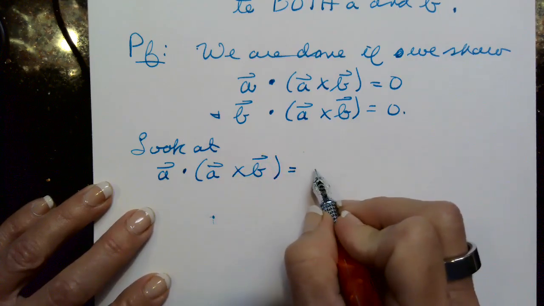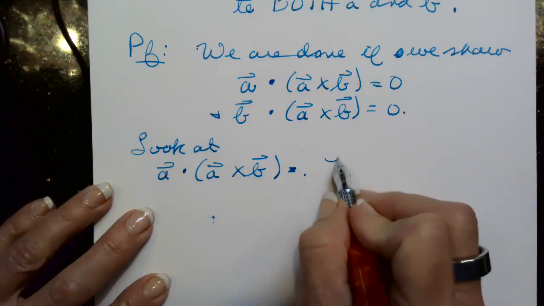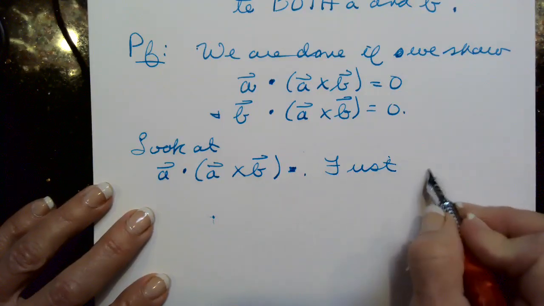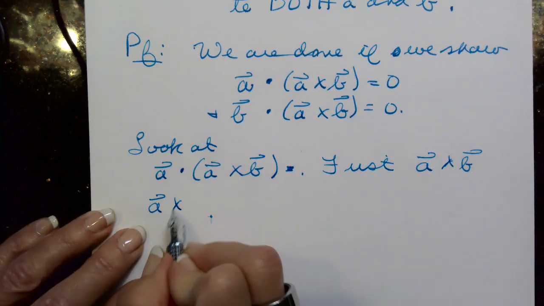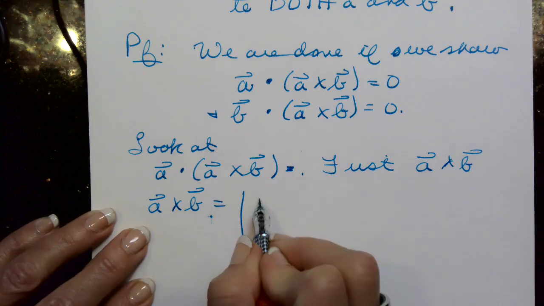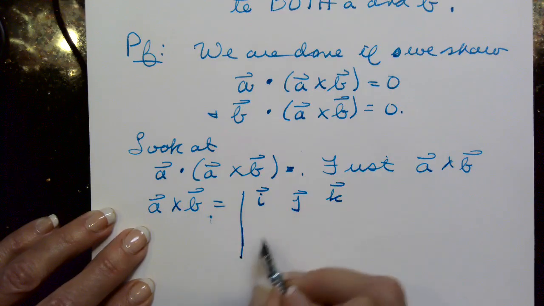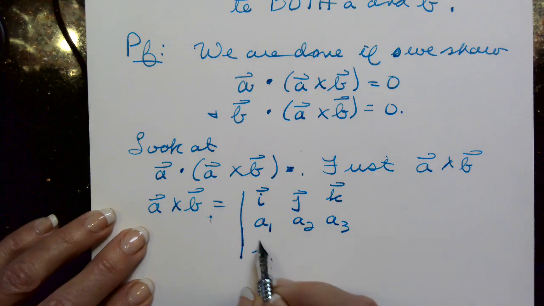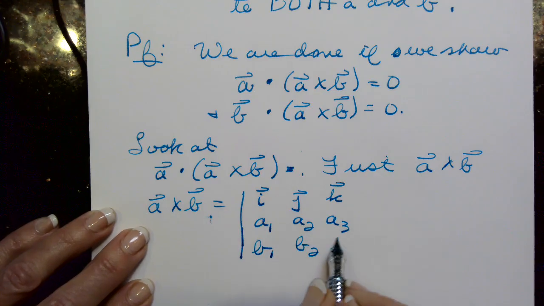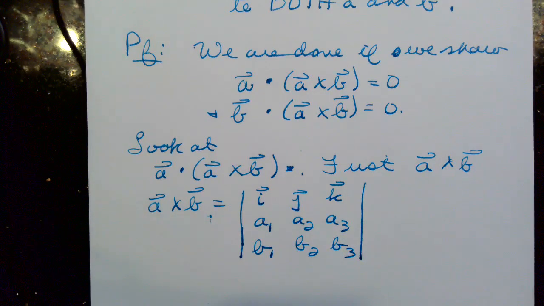So first, let's write down A cross B. I never memorized the formula for it, I just work it out. A cross B is going to be, you take I, J, and K, and then you put the components of A and the components of B, and take the determinant and work it out.